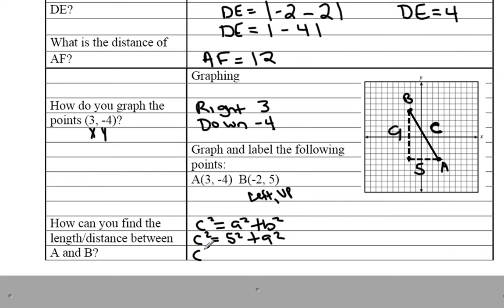C squared would equal 5 squared, which is 5 times 5, 25, plus 9 times 9, which is 81. So c squared would equal 106. That's 25 plus 81. And then in order to undo the c squared, just to get c, the length of AB, we would take the square root of both sides. So c equals the square root of 106.